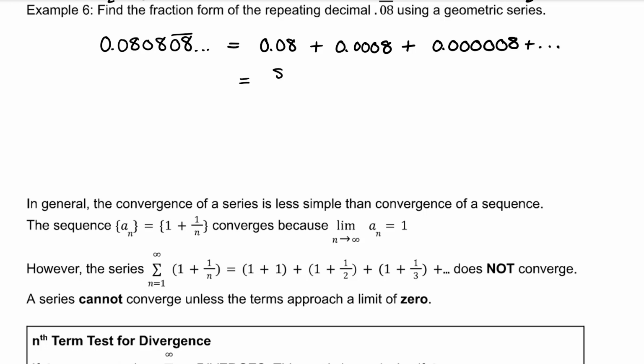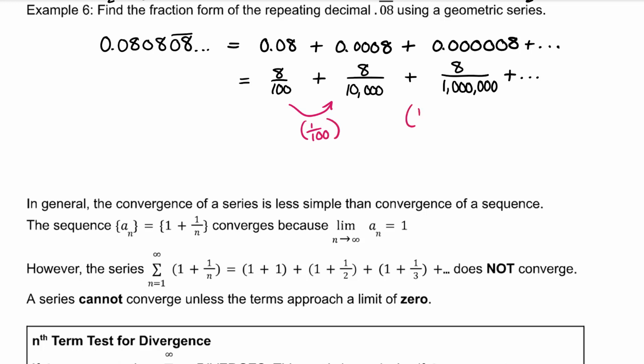Our first term is 8 over 100. The next one is 8 over 10,000. The next one is 8 over 1 million. So the common ratio, or what we're multiplying each time in between, would be 1 over 100. That makes r equal to 1 over 100. And a, our first term, is 0.08, or 8 over 100.